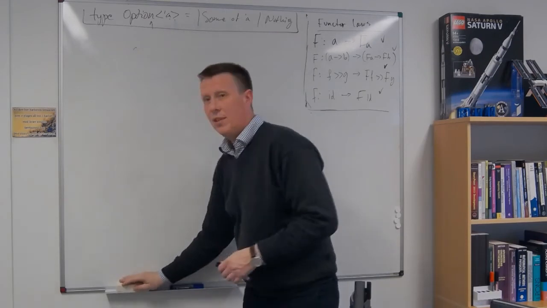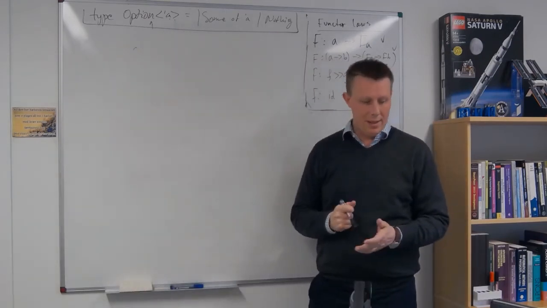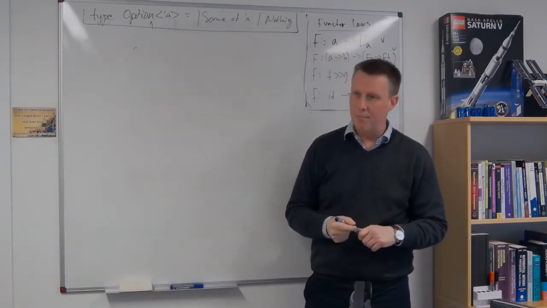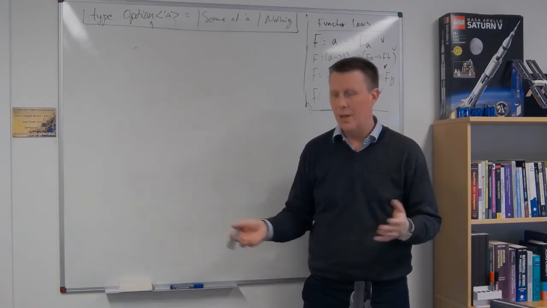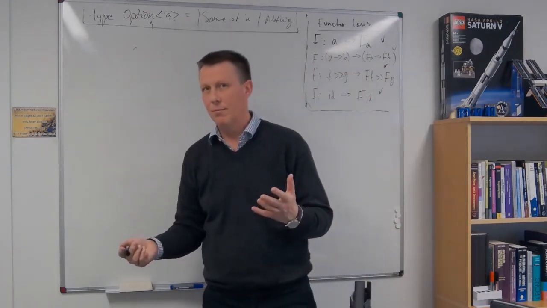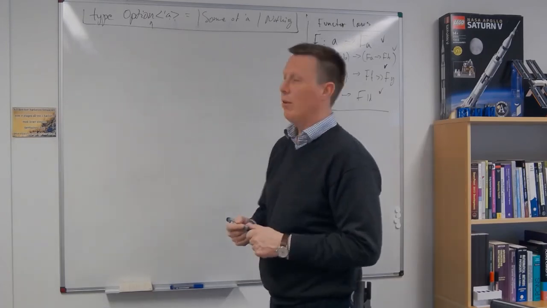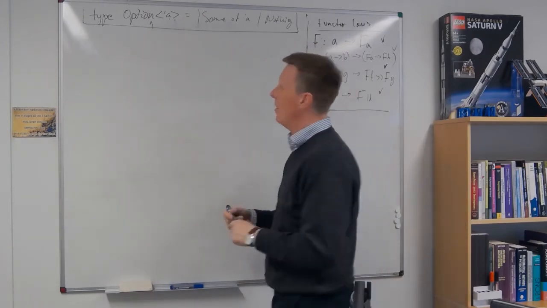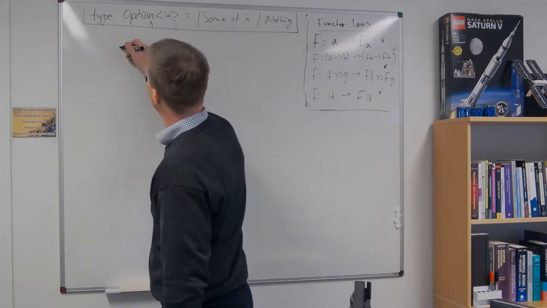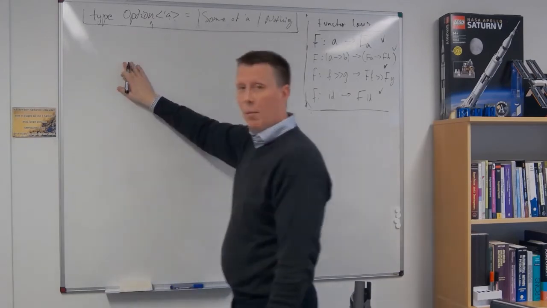Right, let's do a quick little example, one more example. So we've looked at option, and option is kind of simple. So let's look at something slightly more juicy. Let's take the list functor. How would we define apply for a list?